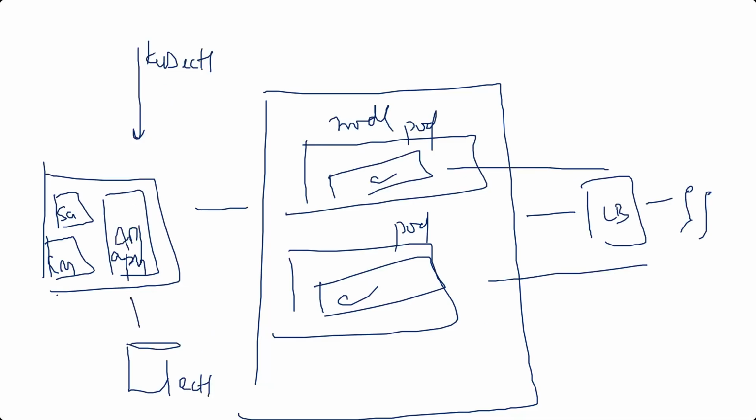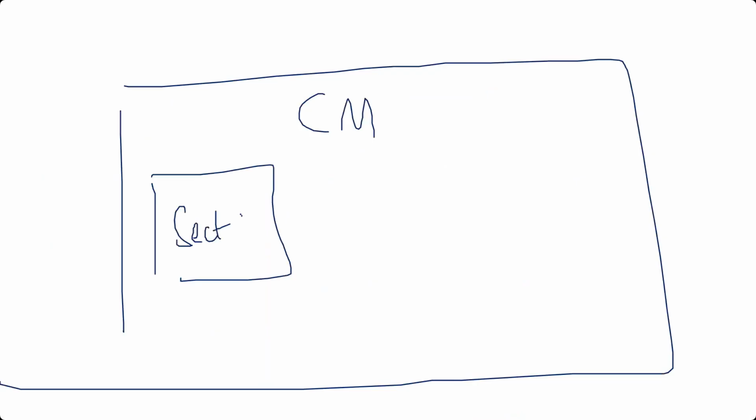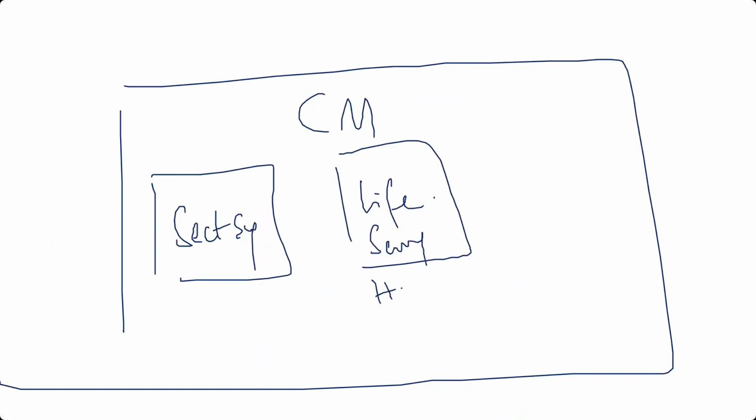Okay. Now in the control management, if you go inside, control management has security engine, and it has another engine called life sensing. Sorry, one second, let me check what is that. Okay, I think it is called life sensing or health sensing.